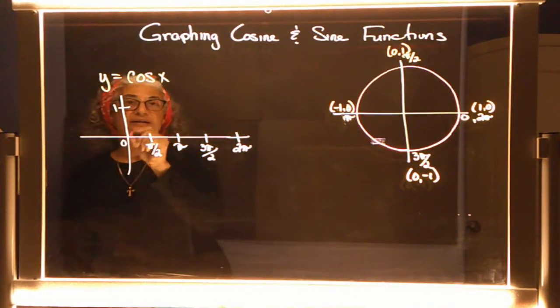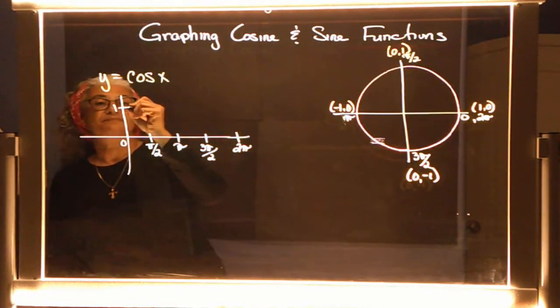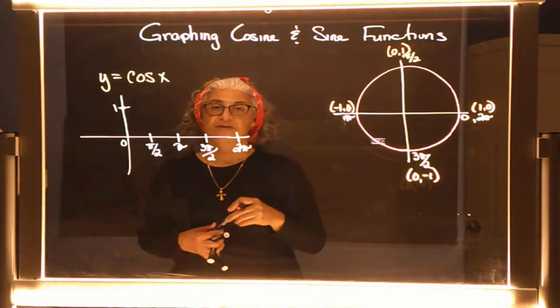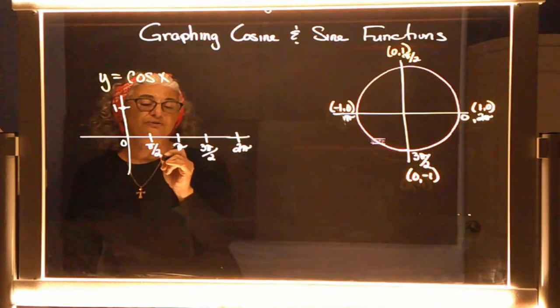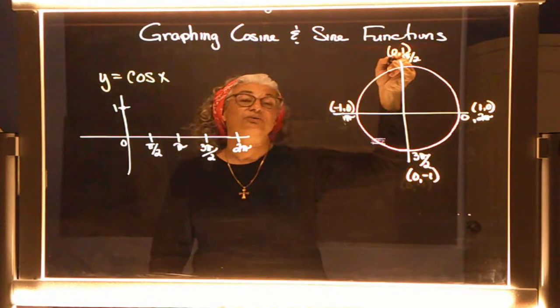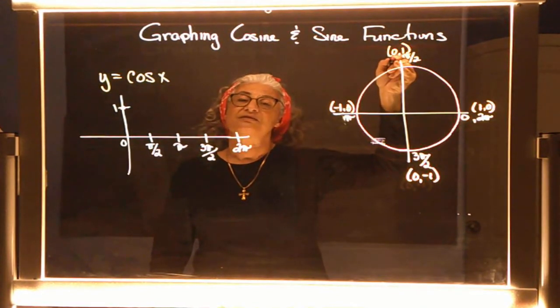So when I take the cosine of 0 radians, I get 1. The next angle I'm going to take the cosine of is pi over 2. So the cosine at pi over 2, remember, it's the x-coordinate. And the x-coordinate is, that's right, 0.